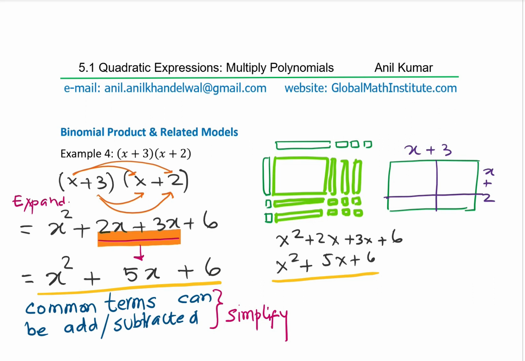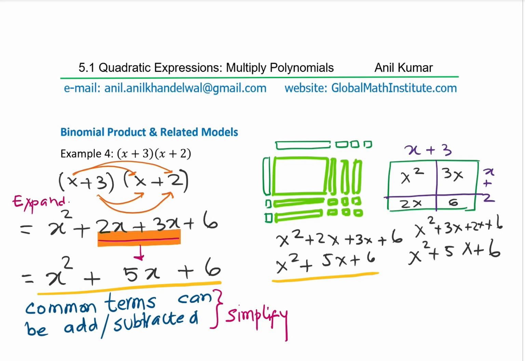In that case, we do get an area which right here is x squared, and when you multiply 3 with x, this column is 3x. On this side 3 times 2 is 6, and when you multiply 2 with x, you get 2x. So again, when you combine, you get x squared plus 3x plus 2x plus 6, and the result is same, which is x squared plus 5x plus 6.